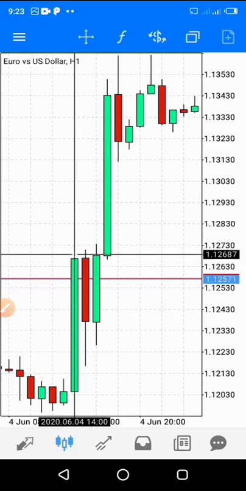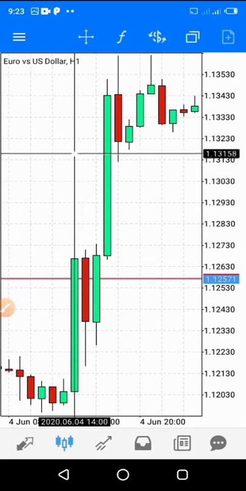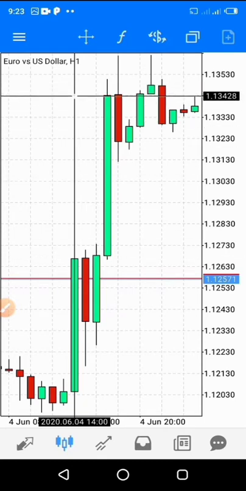Between the open and the close is called the body, which tells us what exactly has been happening, the price dynamics in the market.